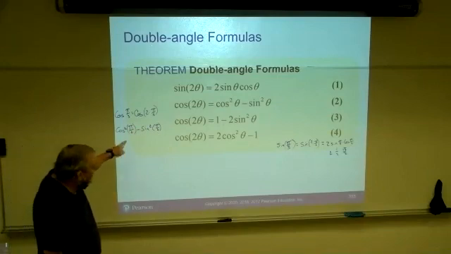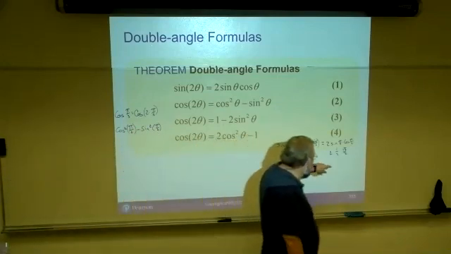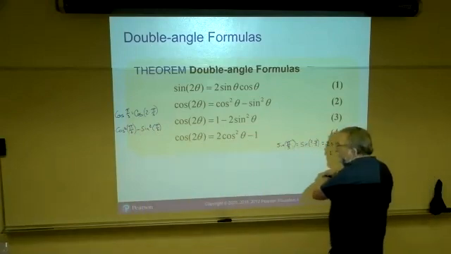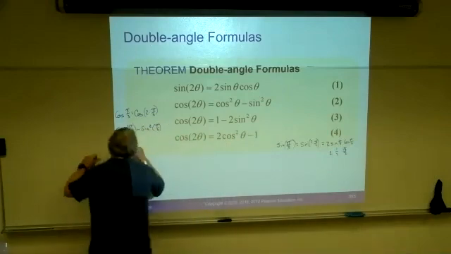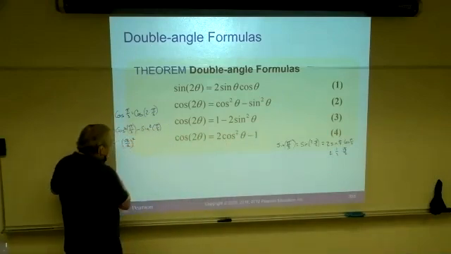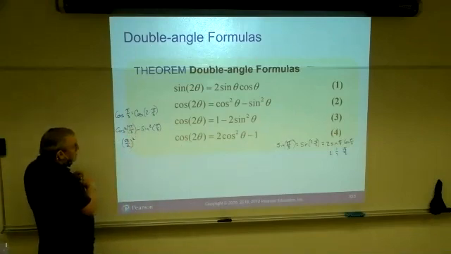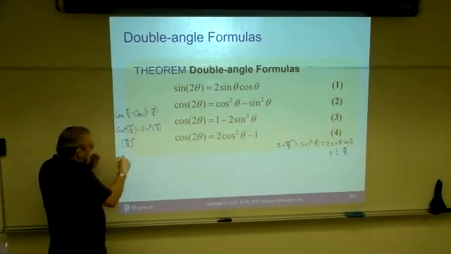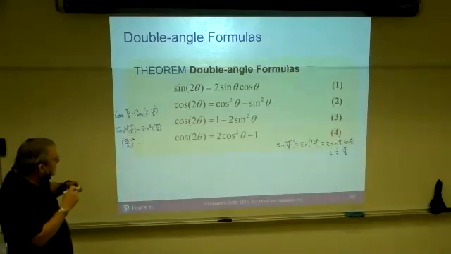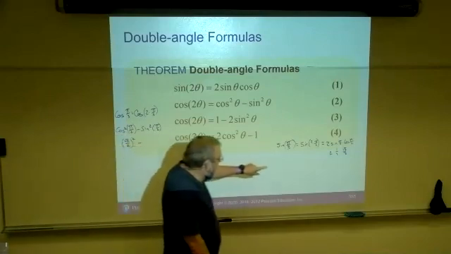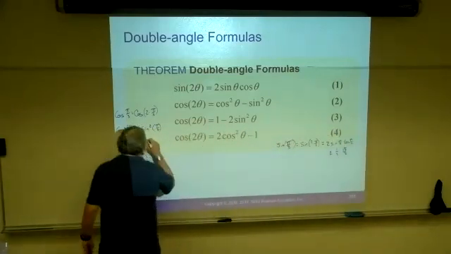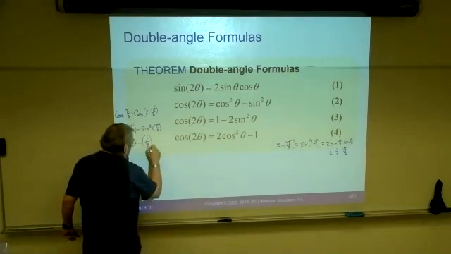Right? Cosine of pi over 6 is the square root of 3 over 2. So we're going to square the square root of 3 over 2. And we're going to subtract sine squared of pi over 6. Well, the sine of pi over 6 is 1/2. So we're going to subtract 1/2 squared.